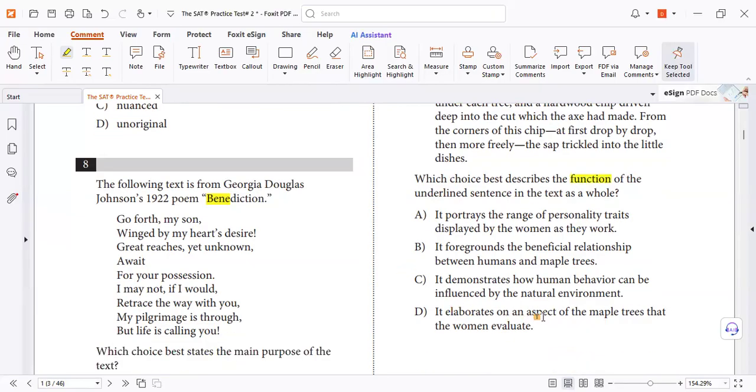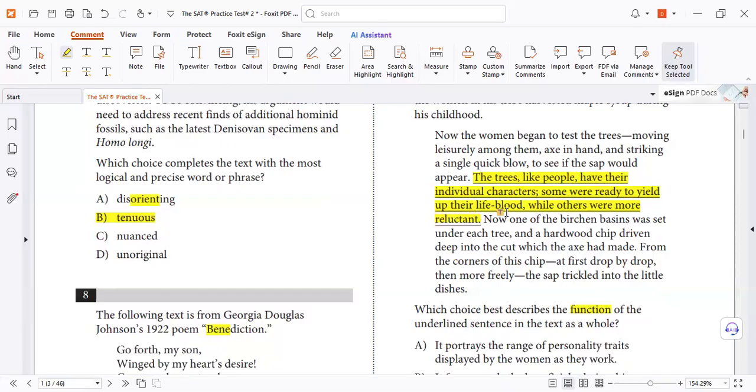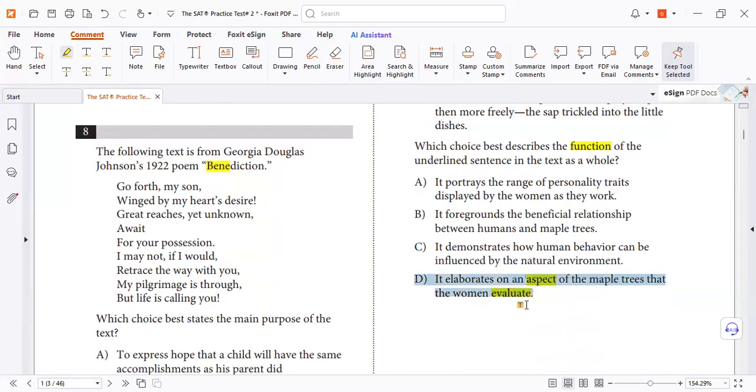Elaborates on an aspect of the maple tree that the women evaluate. What is the aspect and what is evaluate? The trees, like people, have their individual characters. Look, some were ready to yield up their lifeblood, while others were more reluctant. That means people evaluated, like people. Individual characters means distinguished characters, wonderful characters. So letter D, it is correct.